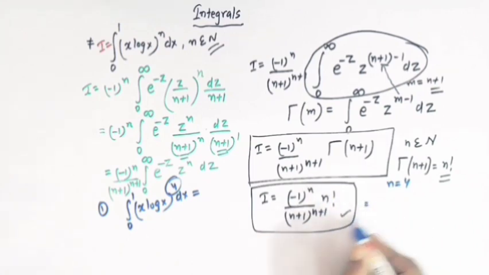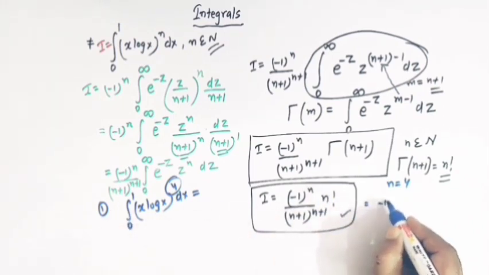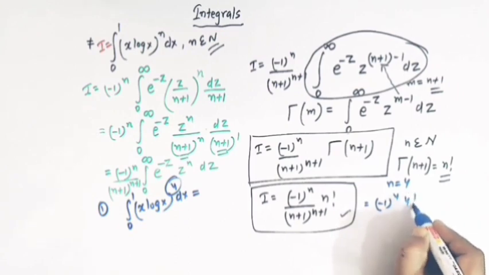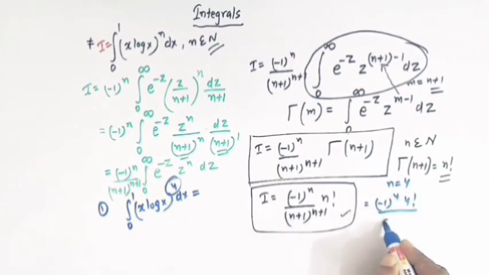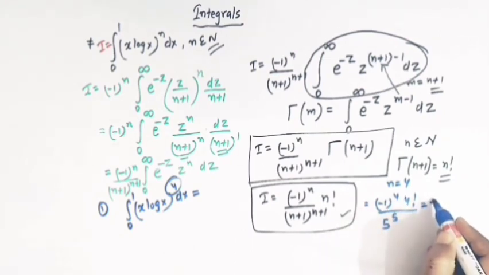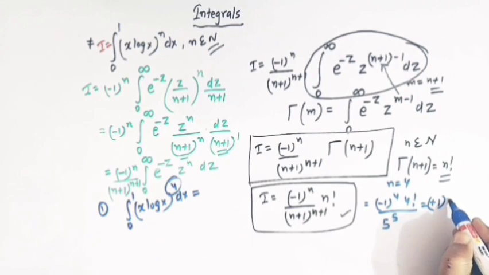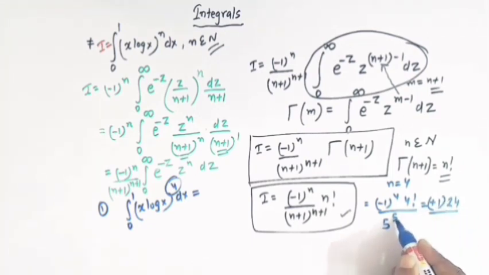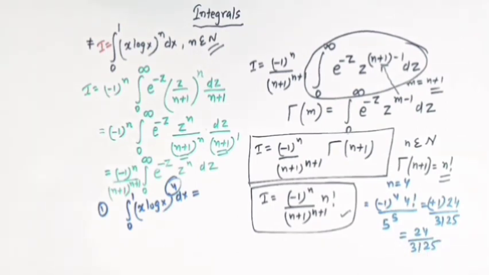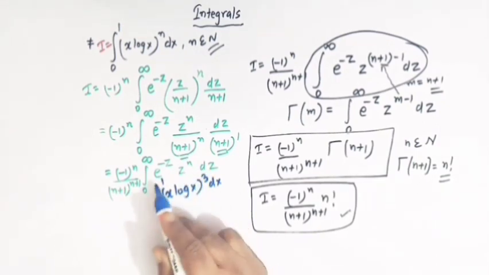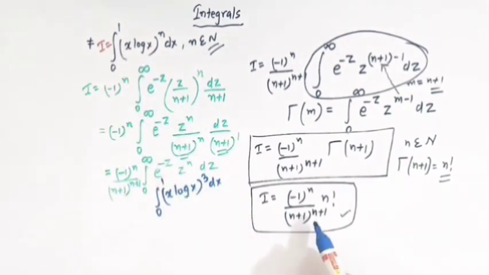So we have the value of this integral as minus 1 raised to 4, factorial 4, here we have 4 plus 1 is 5 and 4 plus 1 is 5, and minus 1 raised to 4 is plus 1. 4 factorial is 24 and 5 raised to 5 is 3125, right? So the value of this integral is now 24 divided by 3125.